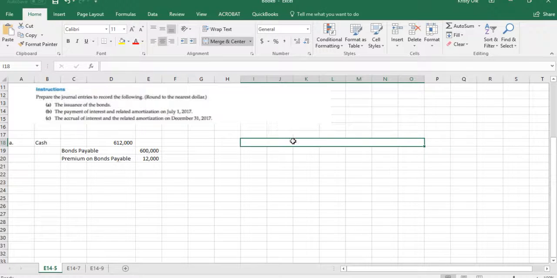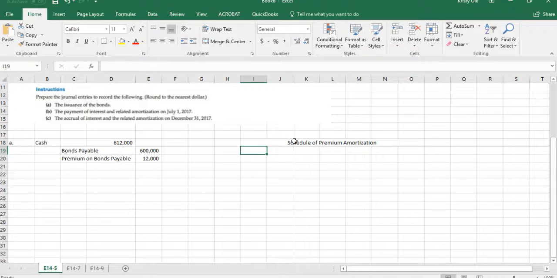So let's make our schedule of premium amortization. We're going to use the effective interest rate method.